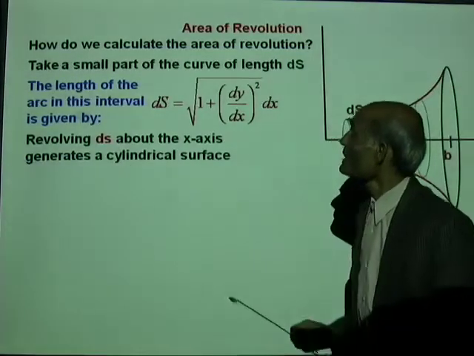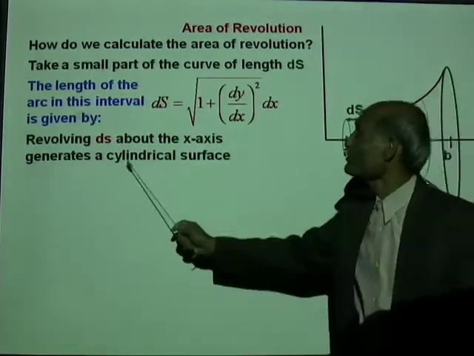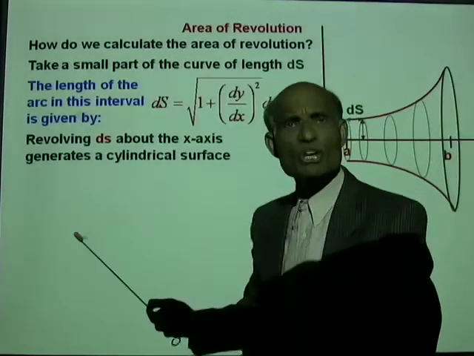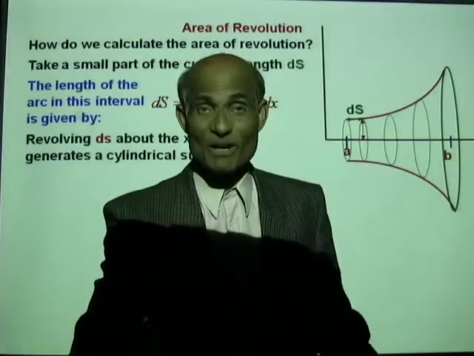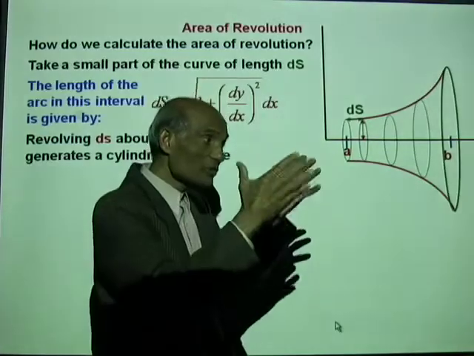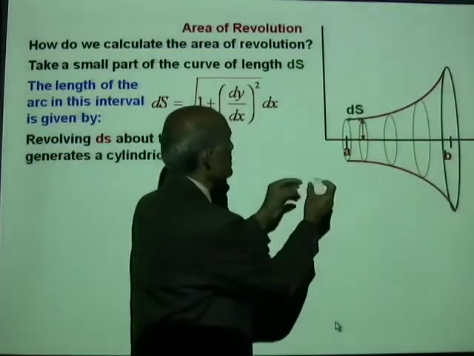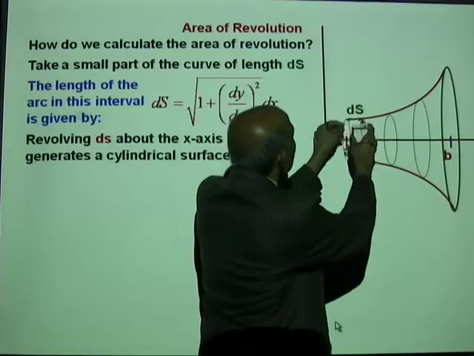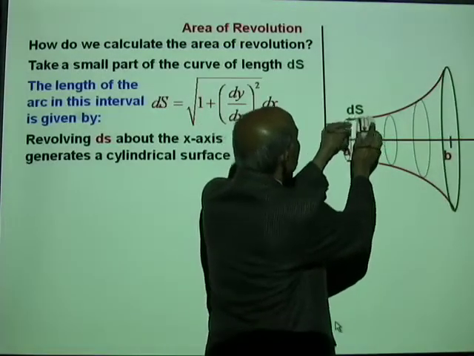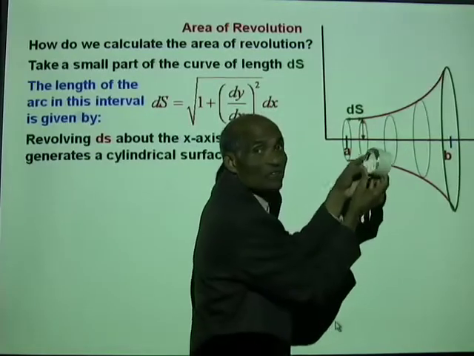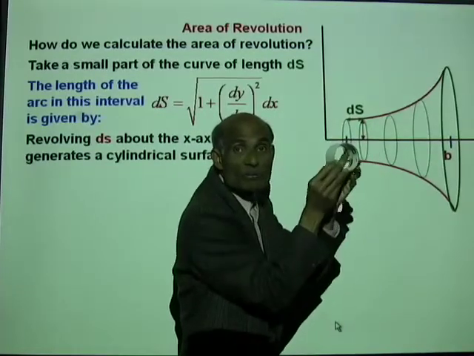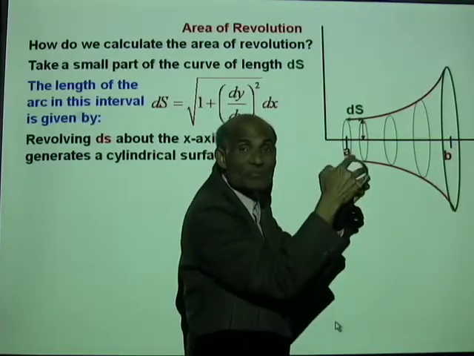So revolving ds around the x-axis, you generate a cylindrical surface, because the cylindrical surface inside is actually hollow. So this is what actually you generate. If that is ds, and you revolve this about the x-axis, what you generate will be a surface like this.